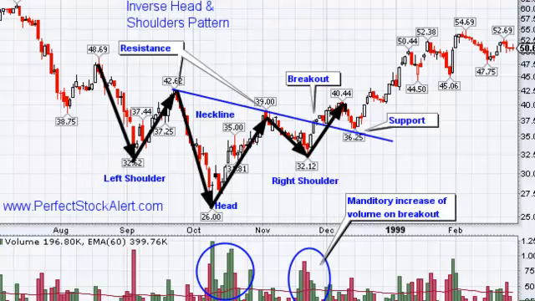One telltale sign I like to watch for whenever I'm looking at the inverse head and shoulders pattern is the argument between price and volume. You'll notice here when you pull down to this level at about 32 on this particular chart, then bounce back up, note the volume level that you're seeing here. Except for this one day, it's all pretty small.